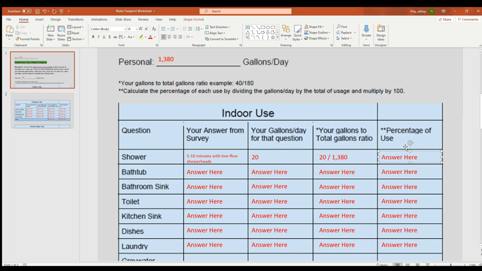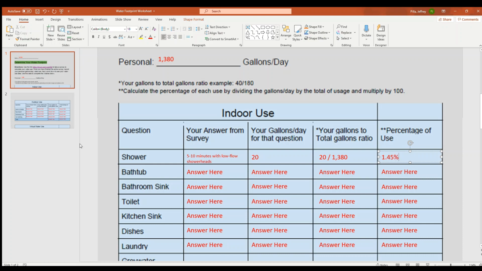With that information, I'm going to calculate a percentage of use, meaning what percentage of my water use comes from me taking a shower, okay? So I'm going to take this number here, divide it by this number, and multiply it by 100. So when you do 20 divided by 1,380 times 100, you get 1.45%.